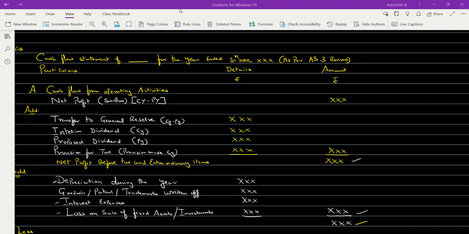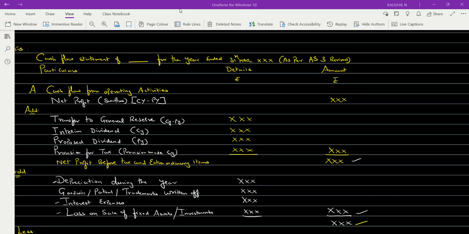What are the items to be less? If you ask, redemption of shares or debentures. Okay, so redemption of shares or debentures. And what we say?